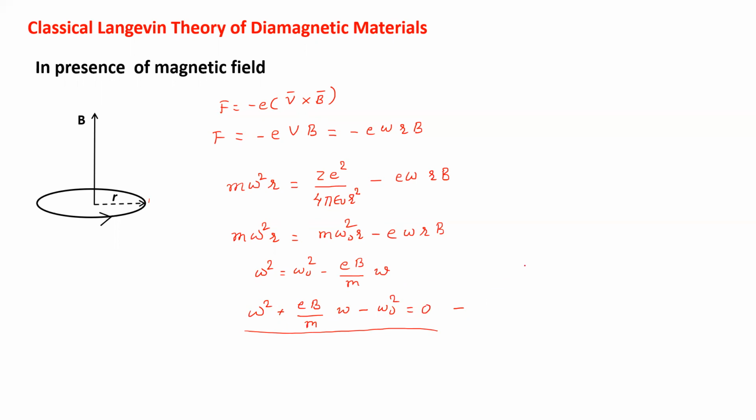Using that formula, we can write the roots of this equation as omega equal to 1/2 into bracket minus b, so this will be minus e B divided by m, plus minus square root of b square minus 4ac. So b square will be e B divided by m, its square, plus 4 omega 0 square.